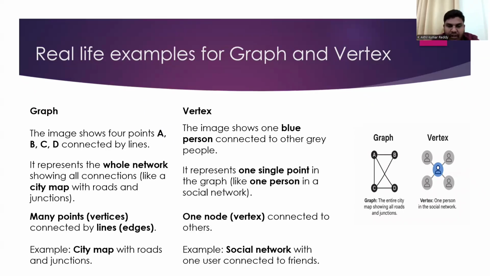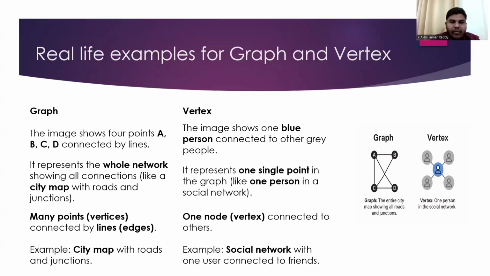Many points, vertices, connected by lines. These vertices are cities, and the connecting lines between them are roads, as we discussed with vertices and edges. An example for this is a city map with roads and junctions. We can easily understand this example. That's why I have taken this.